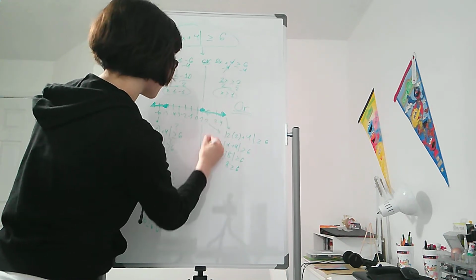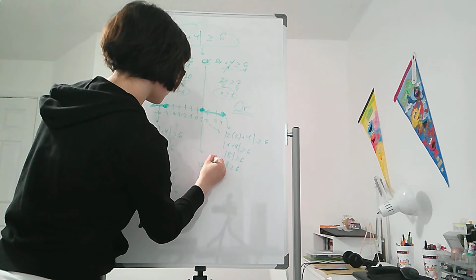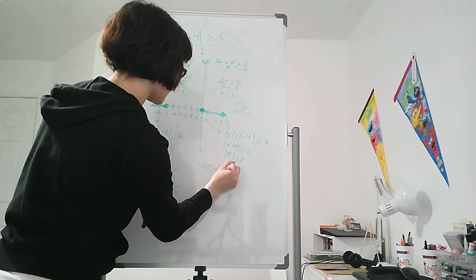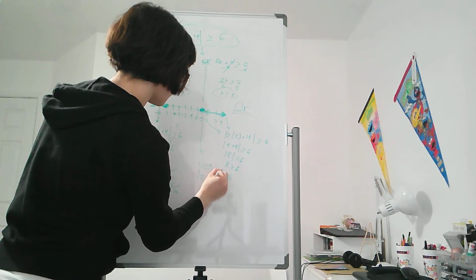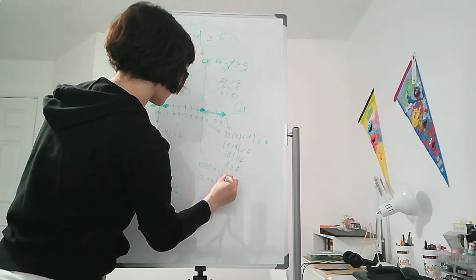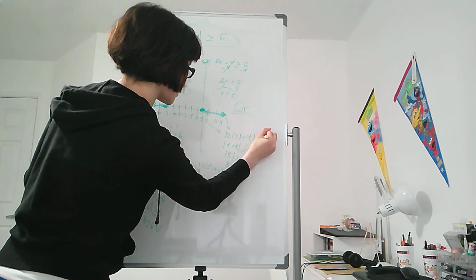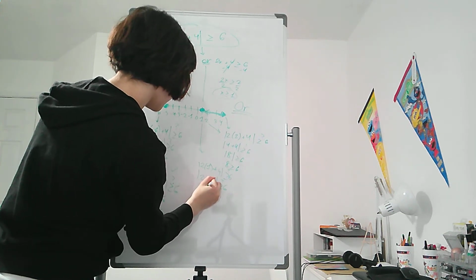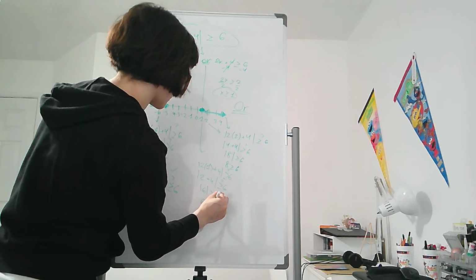And even if we did something like 1, the absolute value of 2 times 1 plus 4, is that greater than or equal to 6? Well, 2 times 1 is 2, plus 4, greater than or equal to 6. Really got to remember the question marks because we're still solving. The absolute value of 6 is greater than or equal to 6, and of course that is true as well.